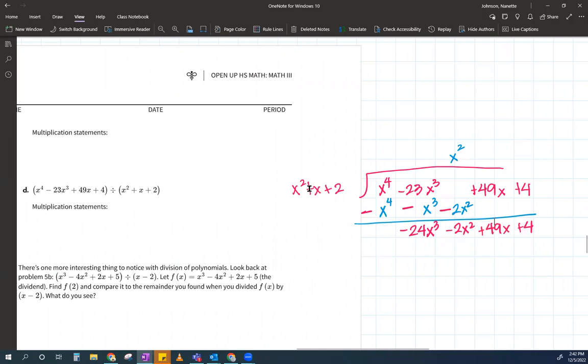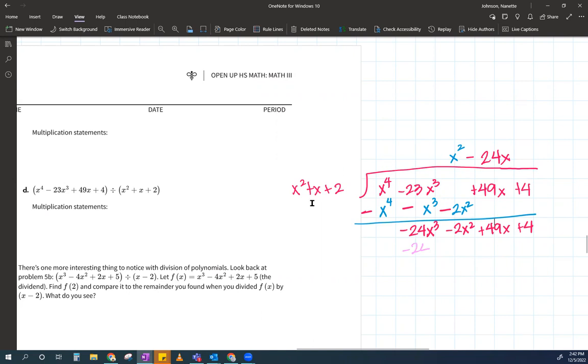And then I'd ask myself again, x squared times what gives me negative 24x cubed? And you'd be like, oh, that's minus 24x, right? I'm like, exactly. And then I'm just going to, again, multiply and distribute all the way through. So then negative 24 times x squared is negative 24x cubed.